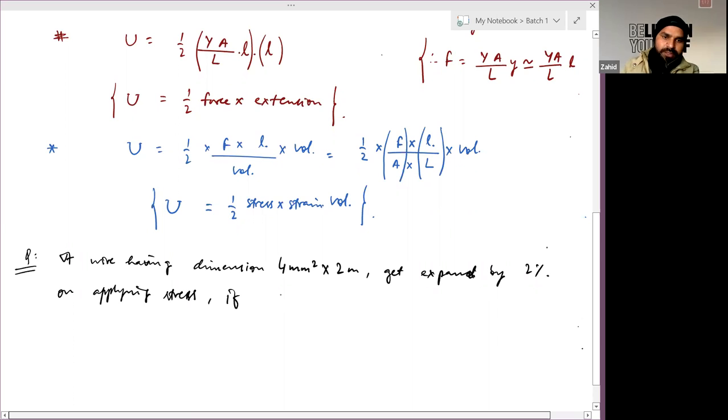If Young's modulus is 2 into 10 to the power 11 Newton per meter squared, find the potential energy stored.